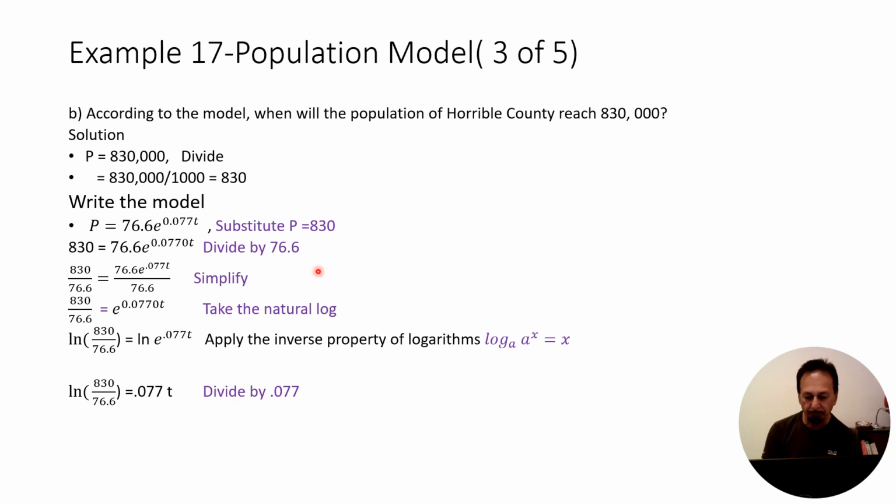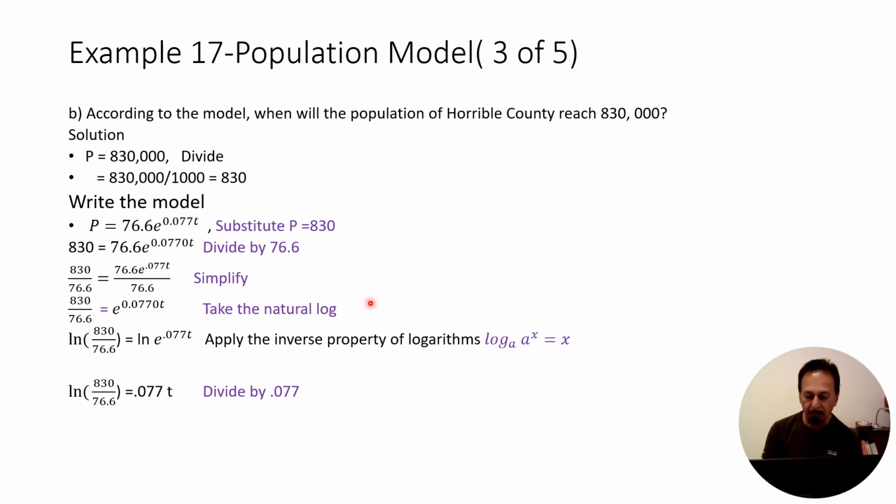Now we divide both sides by 76.6. So we have 830 over 76.6, and 76.6 e to the 0.0770t over 76.6. They cancel out, and we have 830 over 76.6 equal to e to the 0.0770t.